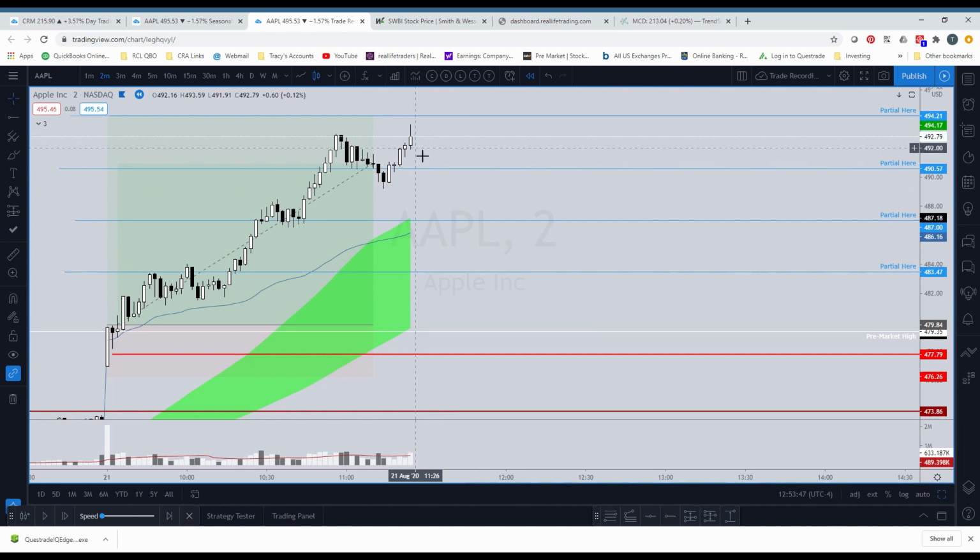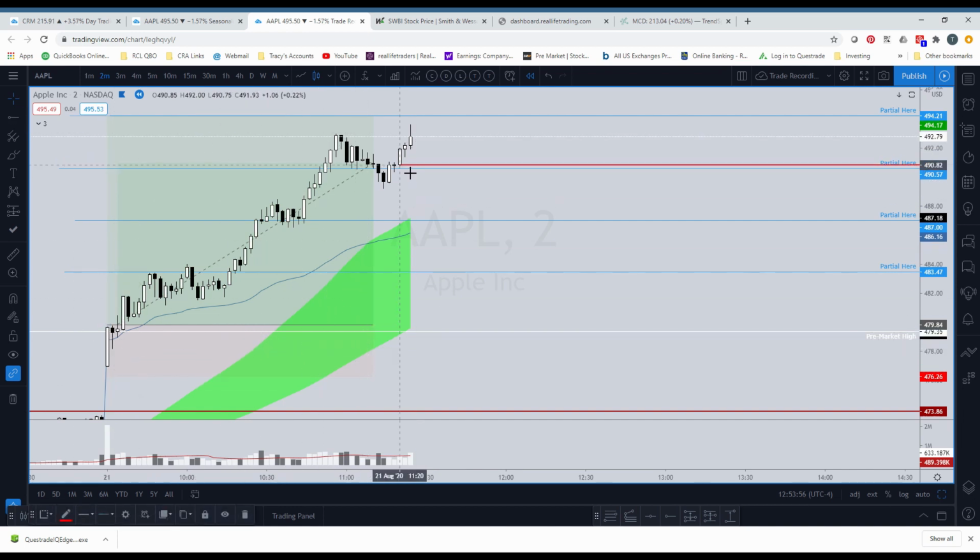Okay, and then once this candle came in and it did not close above the high here, I decided to take all.